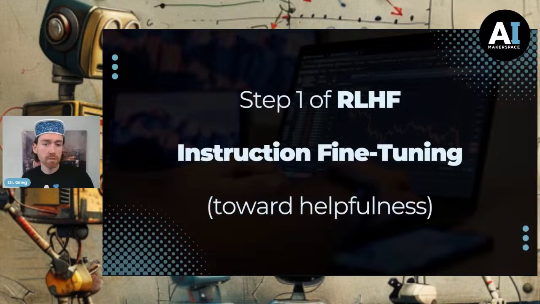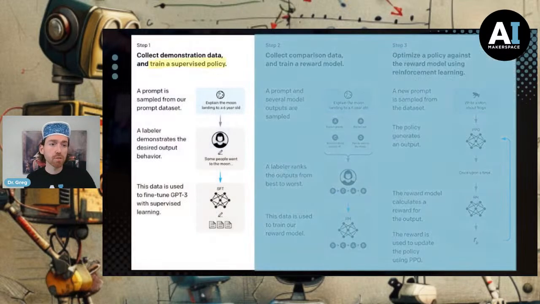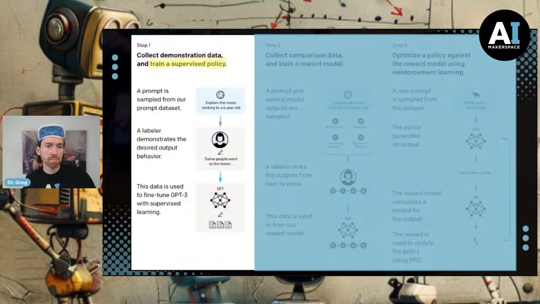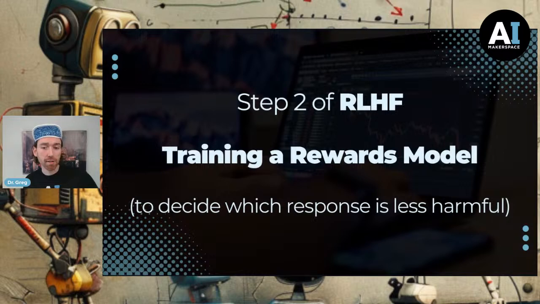Step 1 was simply instruction tuning. We wanted to get more helpful. This is from the InstructGPT paper. We called this training a supervised policy in RLHF. And of course, we're just doing supervised fine-tuning. Step 1, supervised fine-tuning. Step 2, train a rewards model.